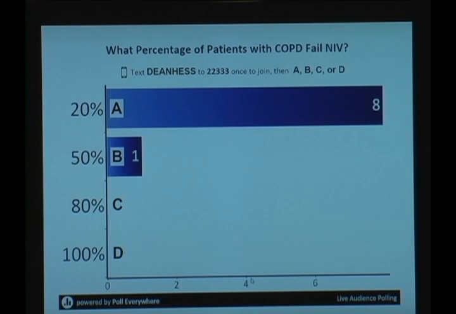It may not be as high as 50%, so maybe I should have put another option in there, like 30% or 40%. But the failure rate should not be more than 50%. Depending upon how sick the patient is, it could be as high as 50%.